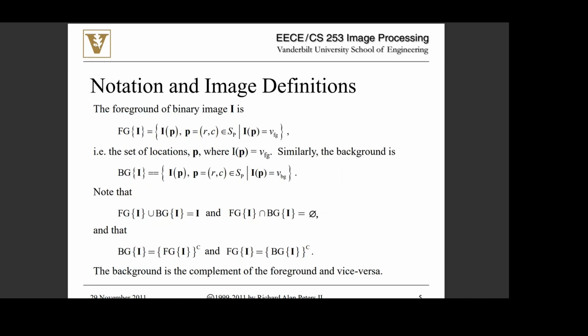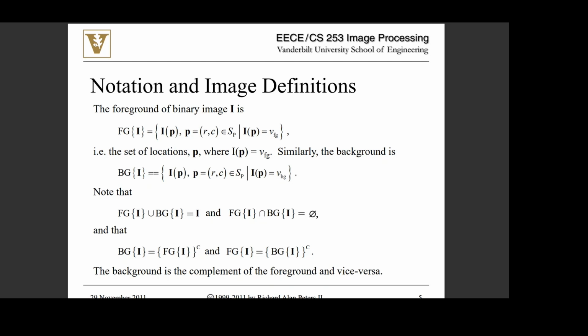Okay, so given an image, we can define a couple of regions. The first one is the foreground of the image and the background of the image. The foreground is a set. This is important. This is a set made of all those pixels whose intensity value takes the foreground value. And the background is just the opposite, so they take the background value.